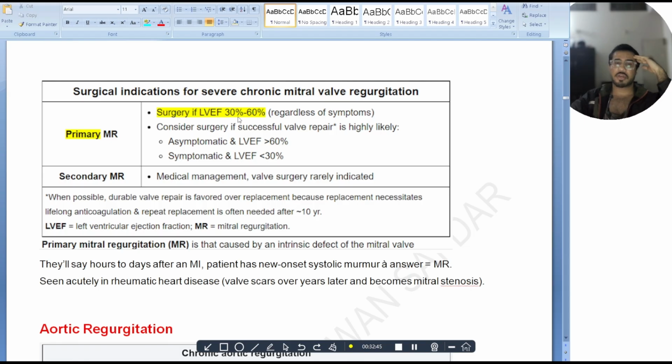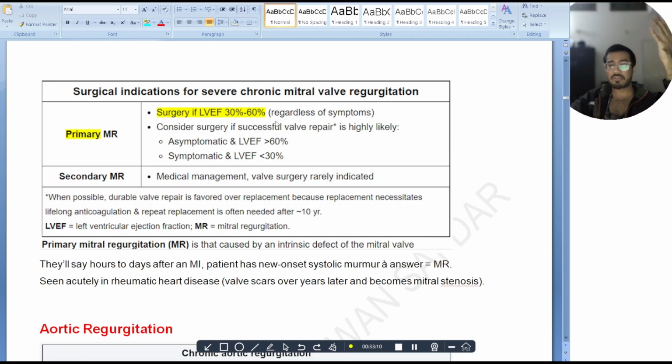So if it's 30 to 60%, that means since you have to divide the blood, the majority of the blood will be going into the left atrium and less of it would be going into the aorta. So the aorta is being deprived of blood flow. It's simple because the blood is going in two directions now.